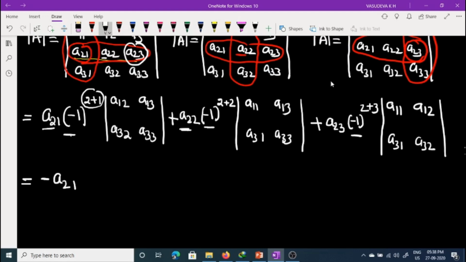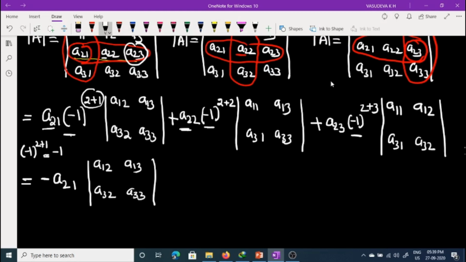A21, because we have minus 1 to the power of 2 plus 1, which is minus 1 to the power of 3, it is minus 1. So minus A21 into determinant of A12, A13, A32, A33.